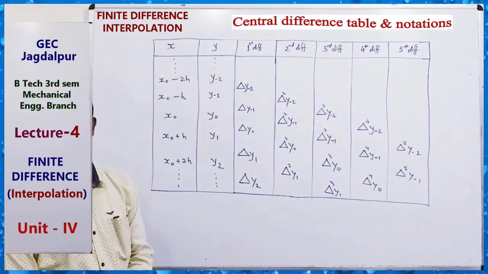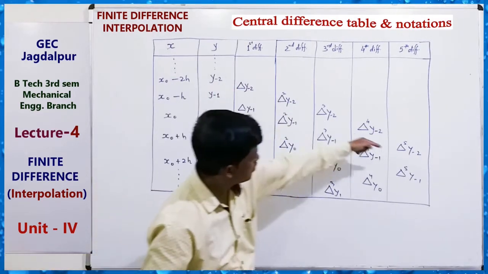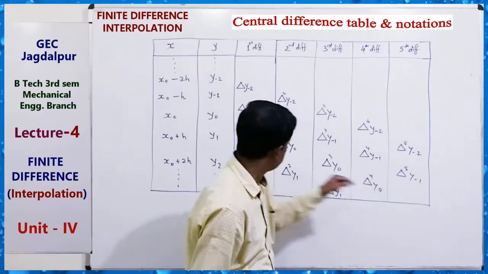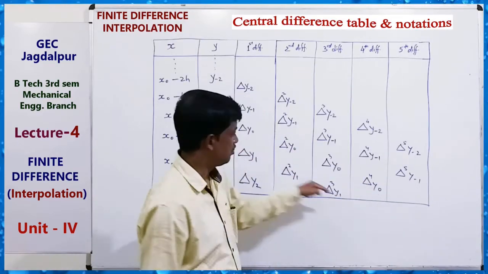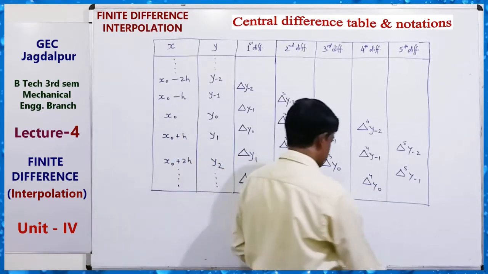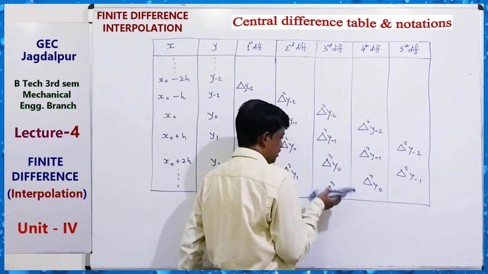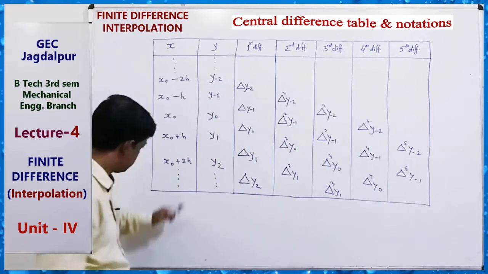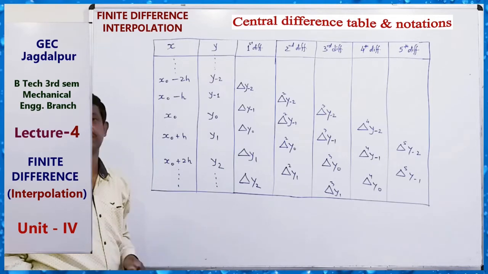Just like this, because of the suffixes minus 2, minus 1, 0, 1. So, clear? If we take further values, then we can prepare the table like this.